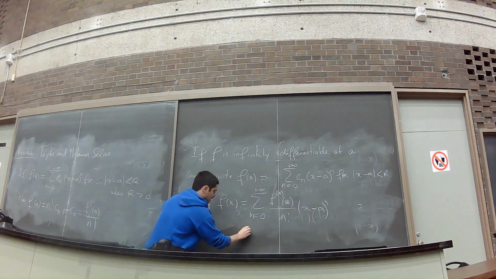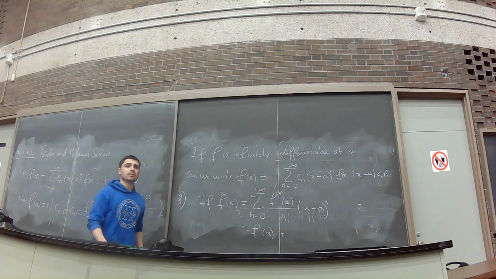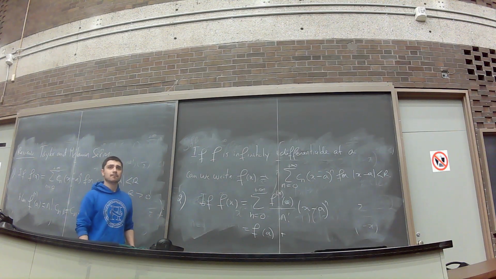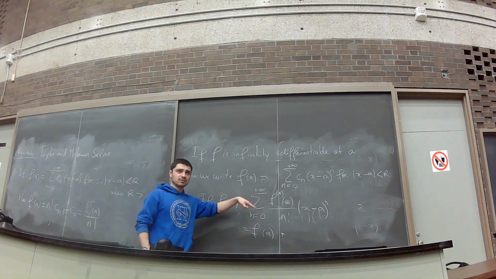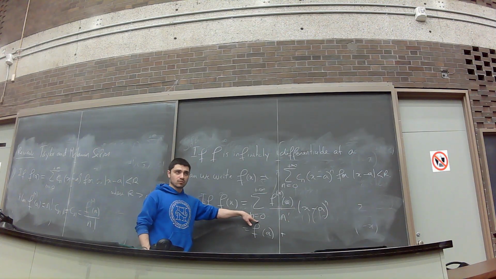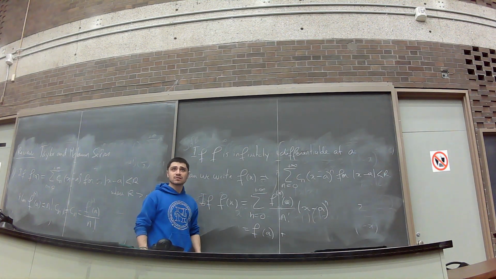What is c_0? This is just f of a. What is the second term? n equals 1, what do you get? f prime of a divided by 1 factorial times x minus a, right?